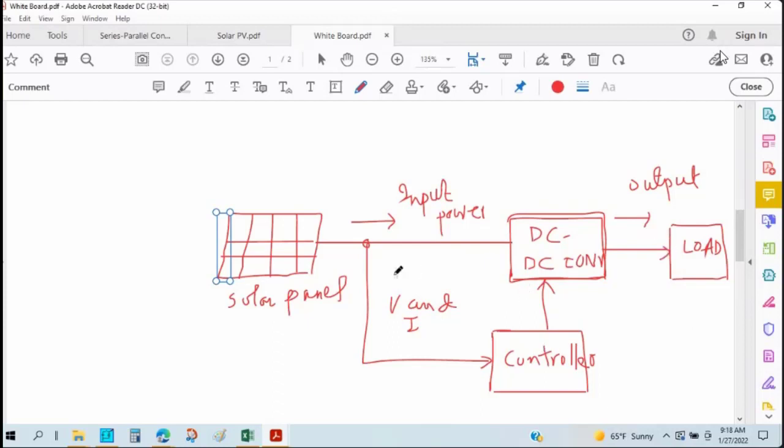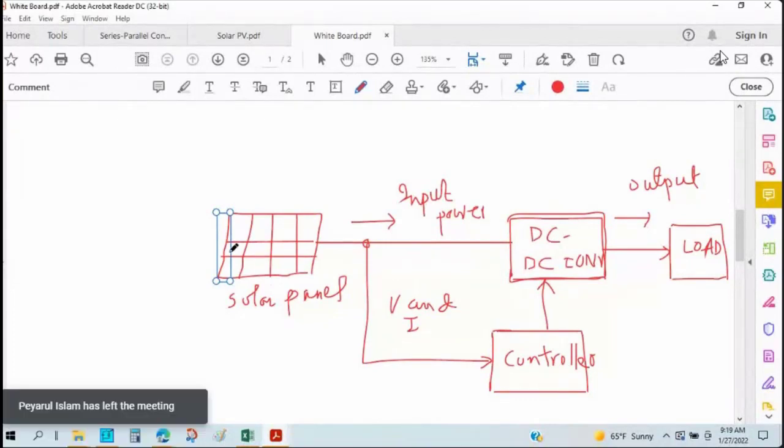We will sense the voltage and current of the solar panel, and we change the voltage level until we get the maximum power. This is the basic operating principle of maximum power point tracking.